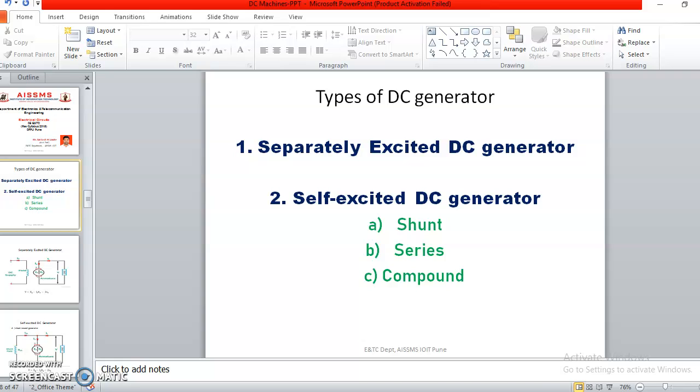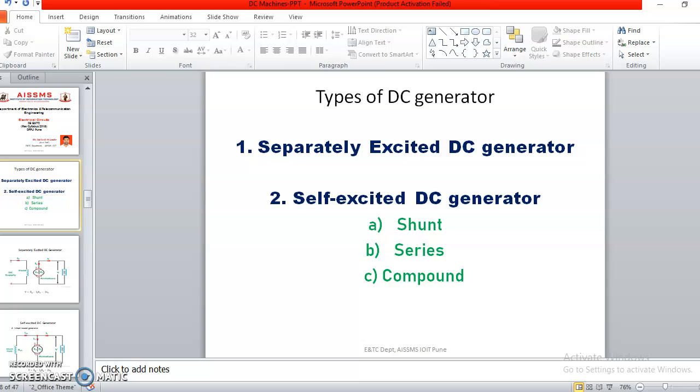Thus, supplying current to the field winding is called excitation, and the way of supplying the exciting current is called the method of excitation. Depending upon the method of excitation used, the DC generators are broadly classified into two, that is, separately excited DC generator and self-excited DC generator.